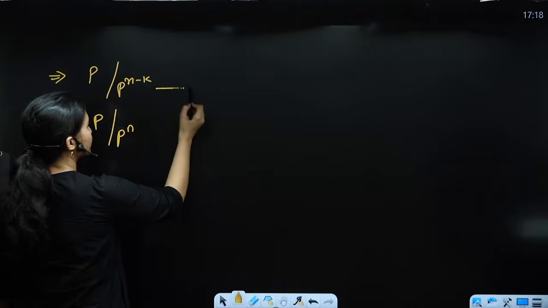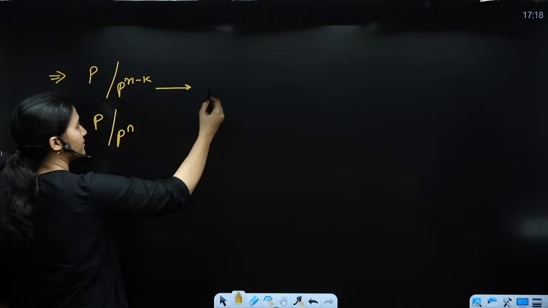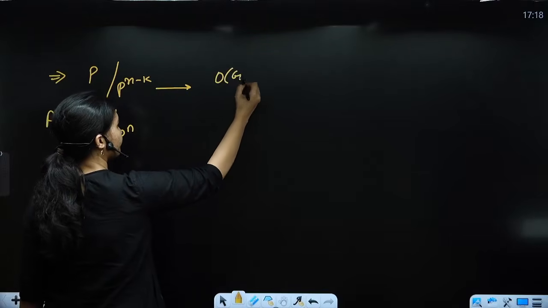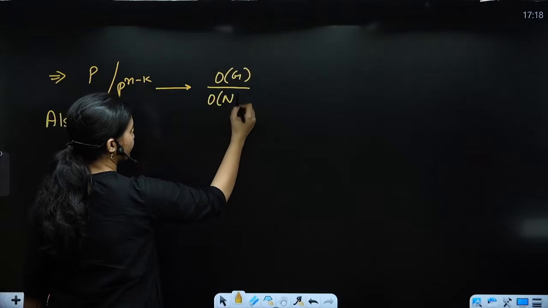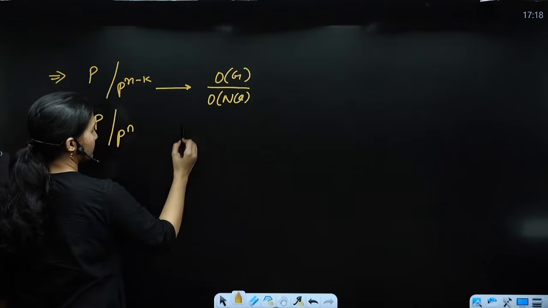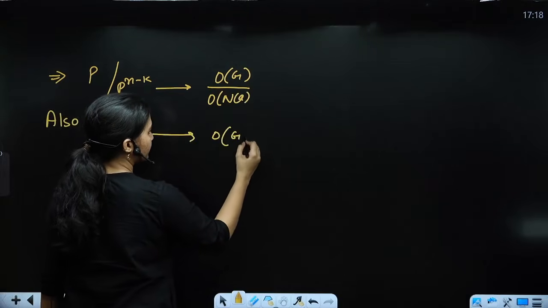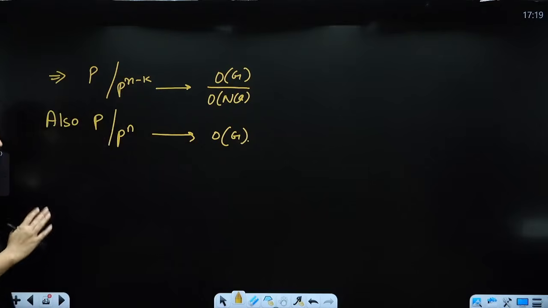Now what is this? P raised to the power N minus K. This is order of G upon order of NA, right? And this is order of G. Do we remember the equation that we wrote?